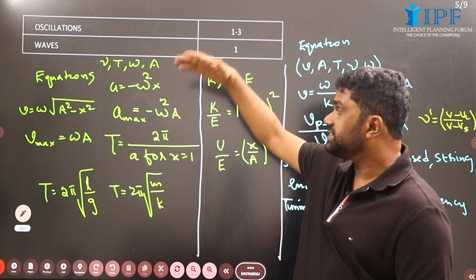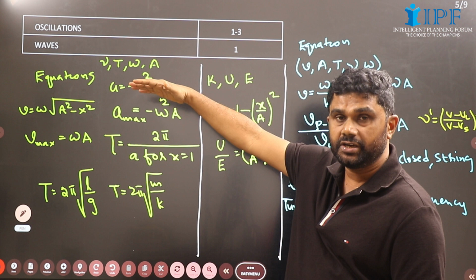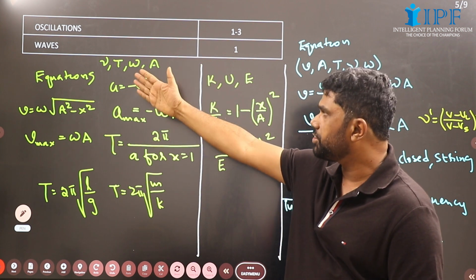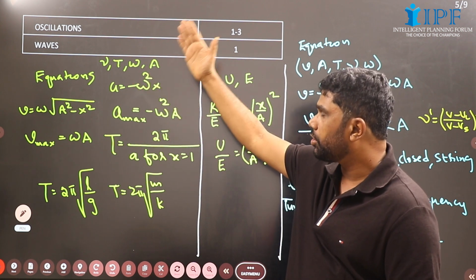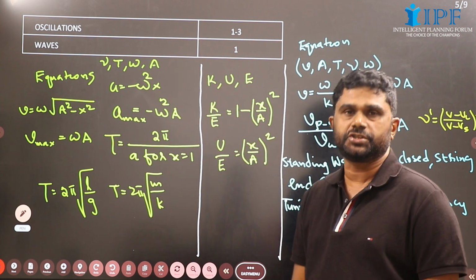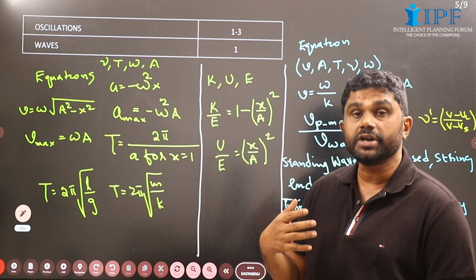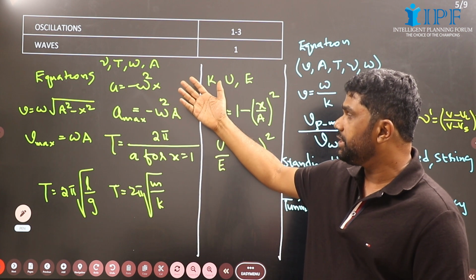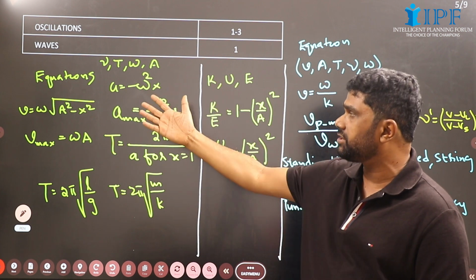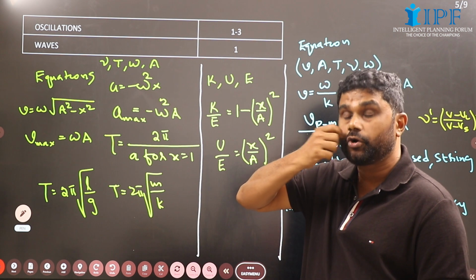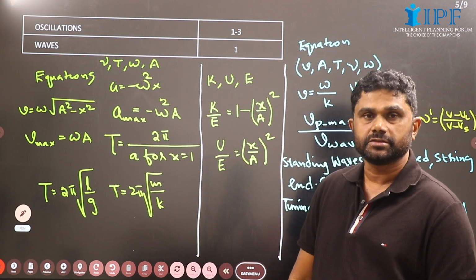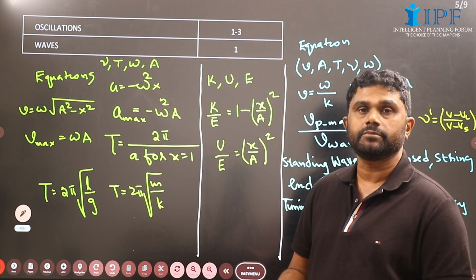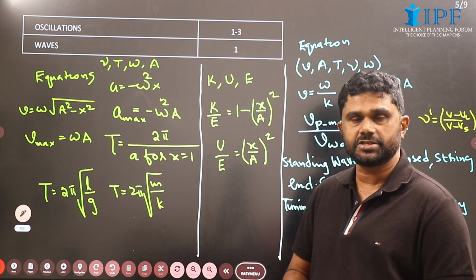A general equation will be given, and you will have to find the frequency, the time period, the angular velocity or the amplitude. You may also have to find the velocity at a given time, or velocity at a given displacement, acceleration at a given time, or acceleration at a displacement.